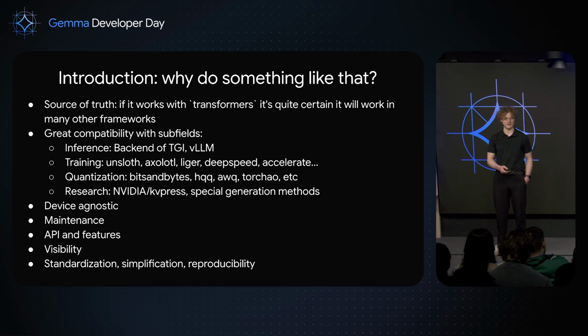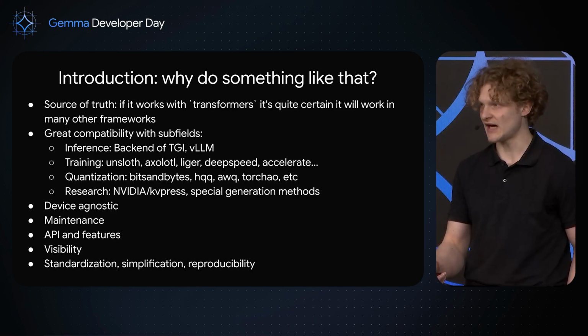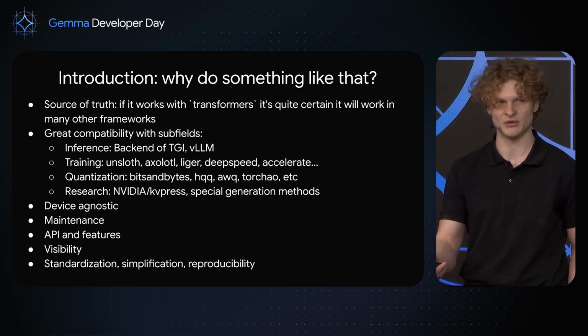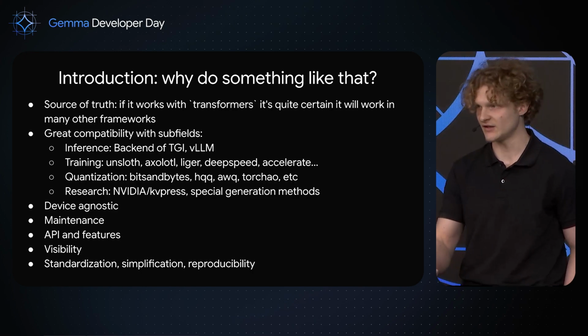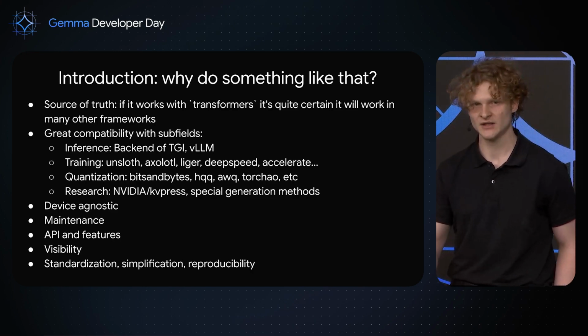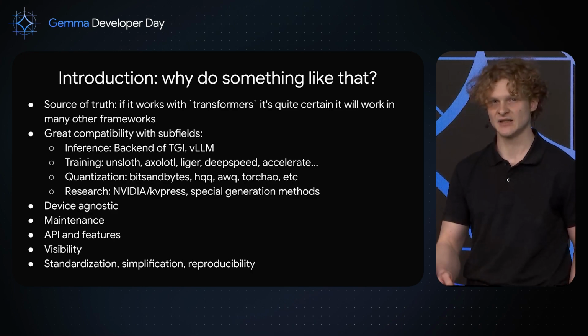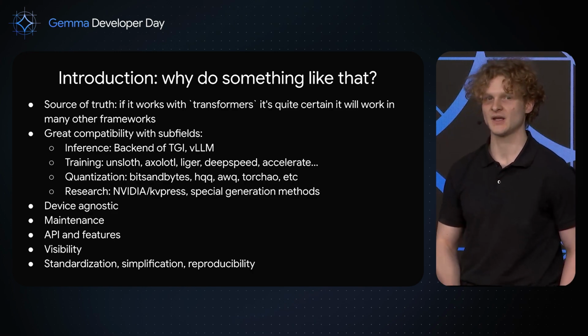Then you have a common API and common features that are pretty familiar to everyone now, for example from_pretrained or the tokenizer. Then I think you get a lot of visibility. Transformers has around 50 million downloads per month, and a lot of the people downloading the library are always on the lookout to try new models, new techniques, but also new quantization methods.